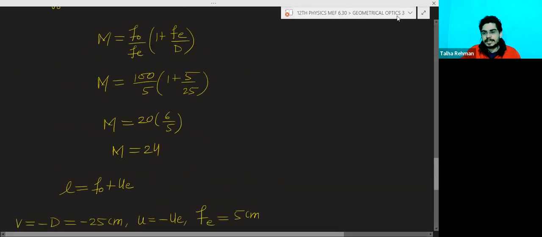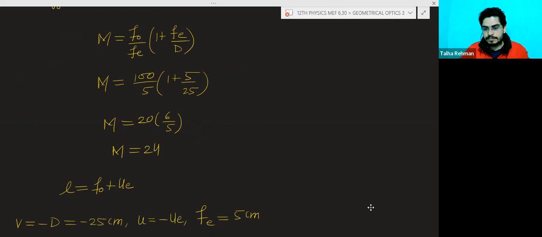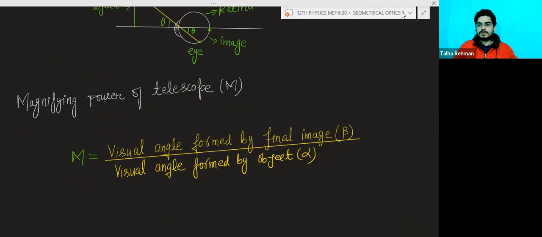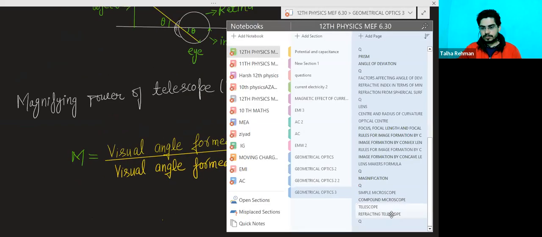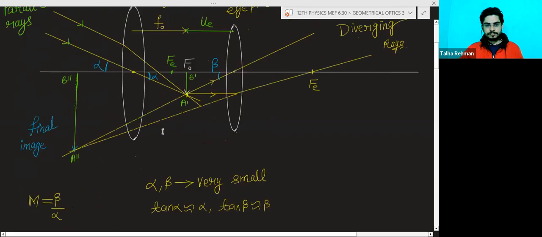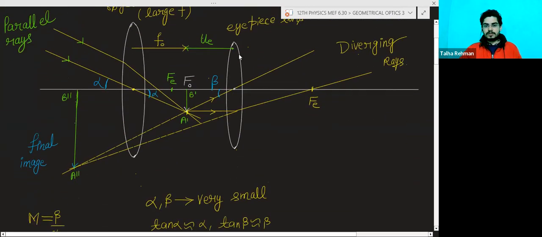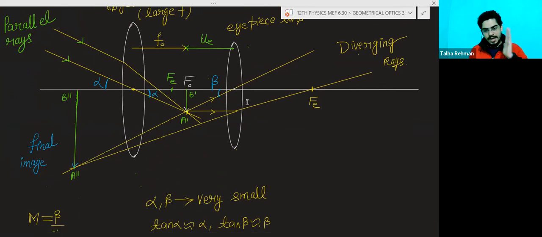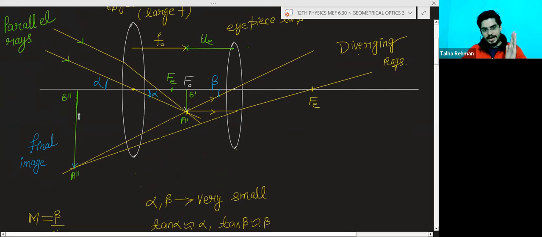I told you this when we were discussing the telescope. This is the eyepiece lens, and the final image is formed by the eyepiece lens. So with respect to the eyepiece lens, if the final image is forming at D, this D distance you will take as negative.